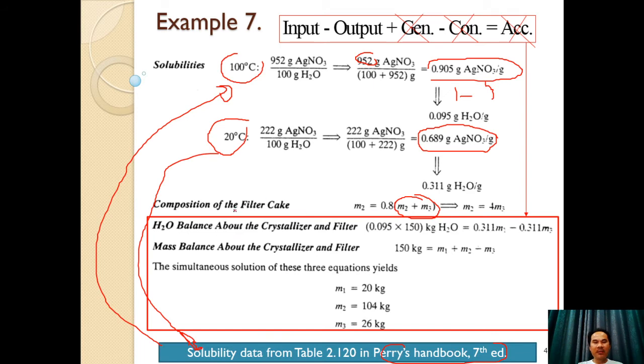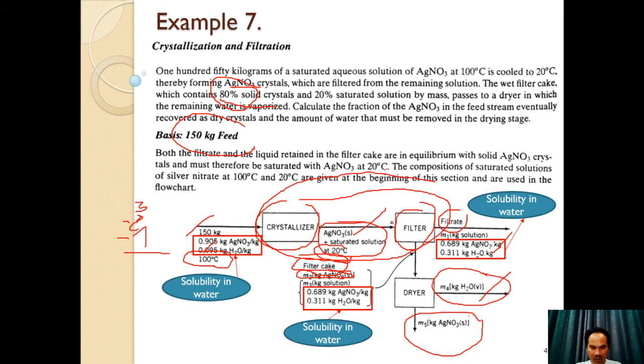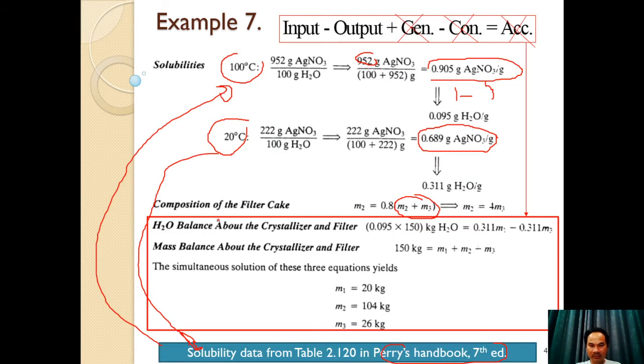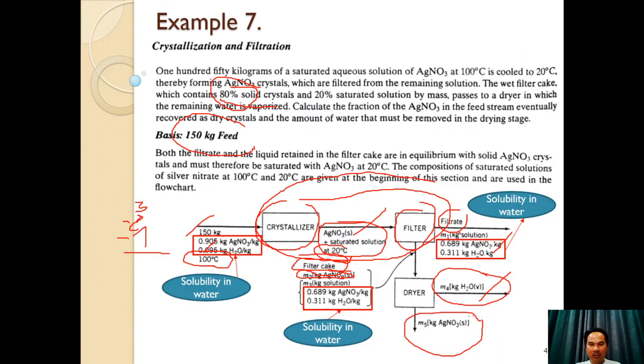First step, you balance water on the crystallizer and filter. In this case, there is no generation and no consumption. Input equals output. Input water is 0.095 multiplied by 100. The output water is in 2 forms, right?